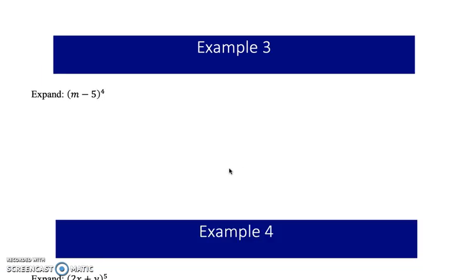In the next example, I have to pay attention to two things. Number one, one of the terms is a numerical term. It's a number 5 and not a letter. And the second thing is that we have a negative sign. So let's see what happens here. I can start with the coefficients according to the 4th row of Pascal's triangle.